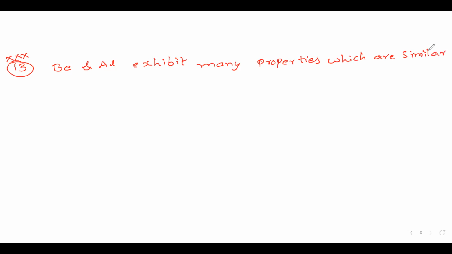Beryllium and aluminium exhibit many properties which are similar, but the two elements differ in.